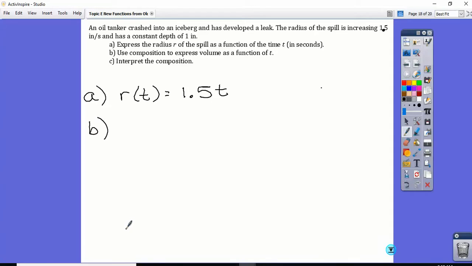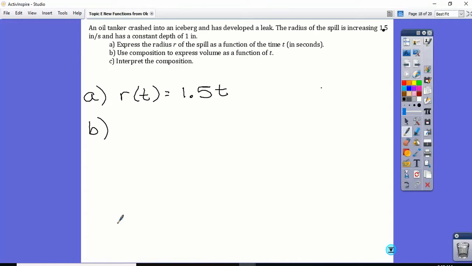B, I want to express volume as a function of t. Okay, so this is circular, but it also has a depth to it, doesn't it? It's not just a flat circle. Three-dimensional. So the shape we're getting is actually kind of like a soup can.